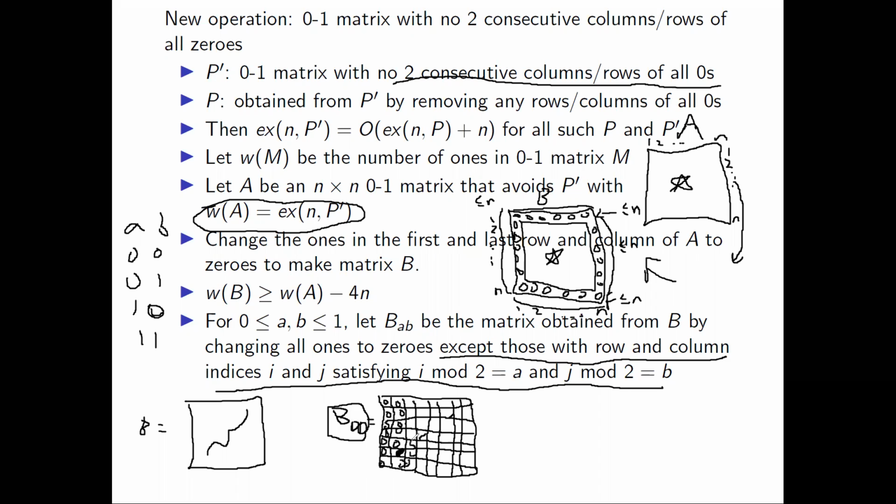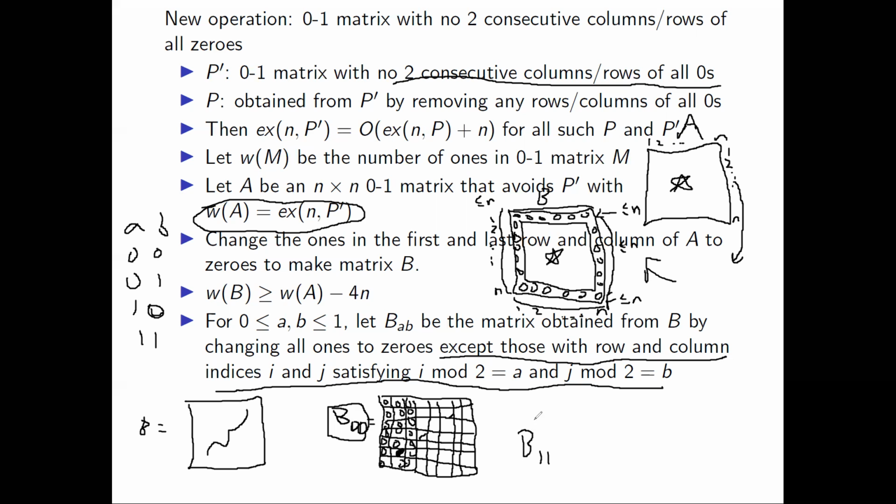Everything got zeroed out except for the entries in the even rows and even columns that were ones. So we just would fill the rest of those with zeros. We can also consider what the B11 matrix would look like.